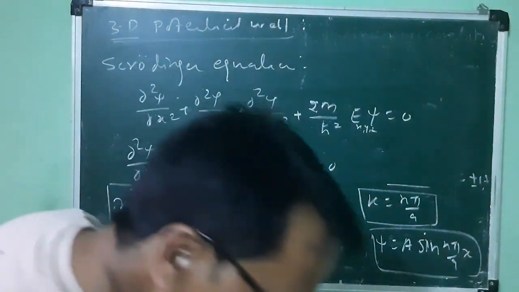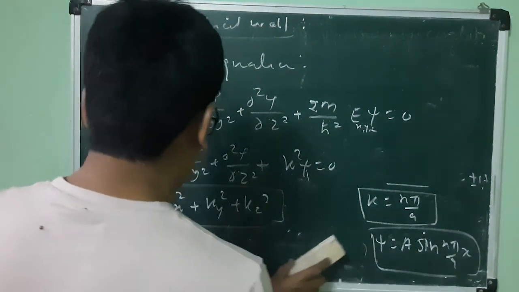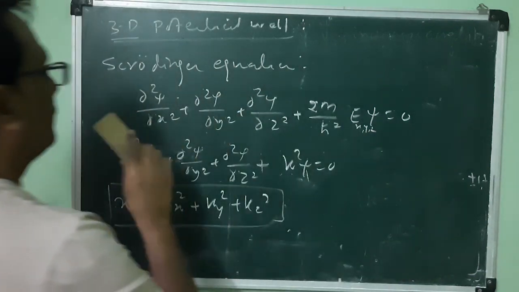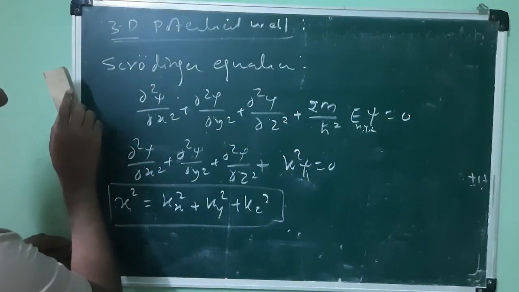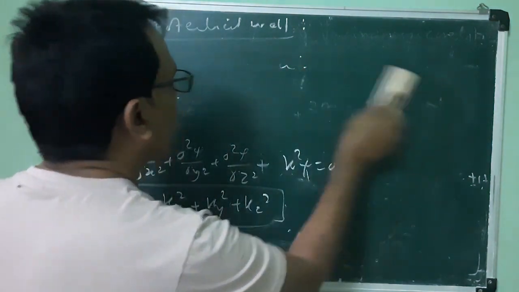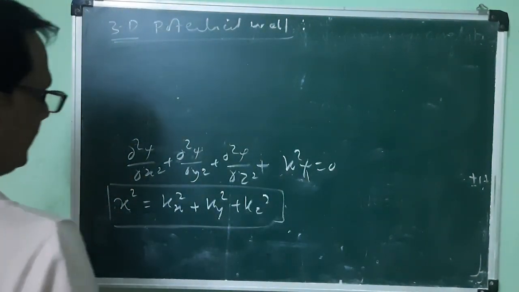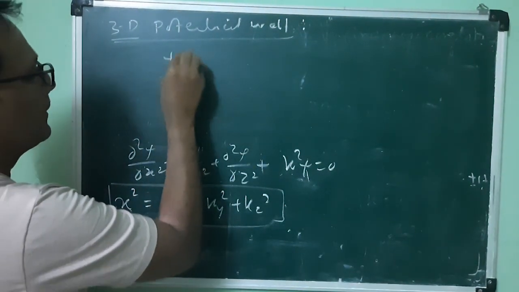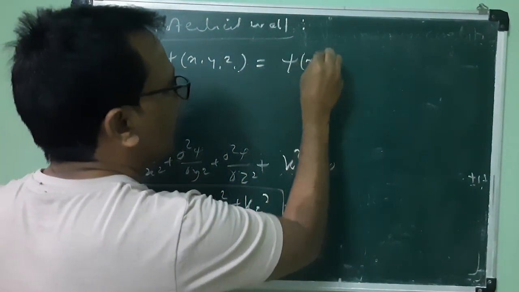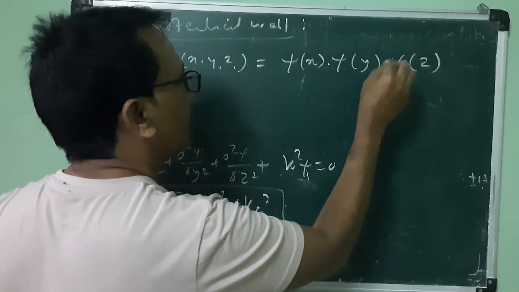And for the solution, we use a different method here. We can put psi as a multiplication of different wave functions in different directions. So by the separation of variables method, this wave function psi at x, y, z is written as psi along the x-axis, psi along the y-axis, and psi along the z-axis in multiplication form.